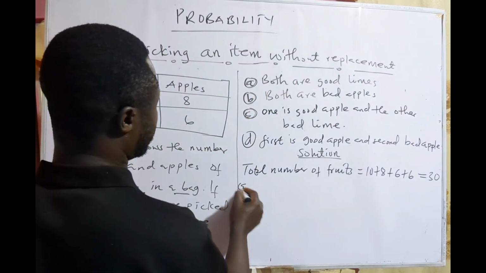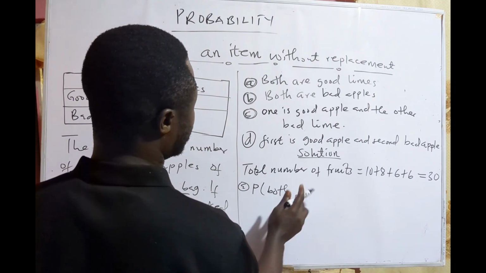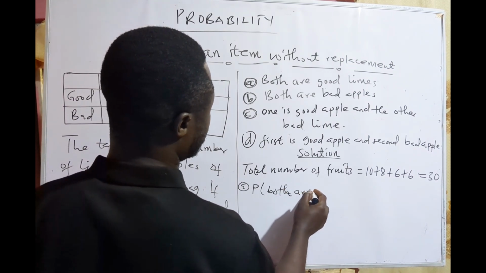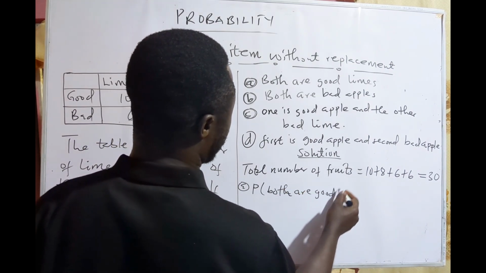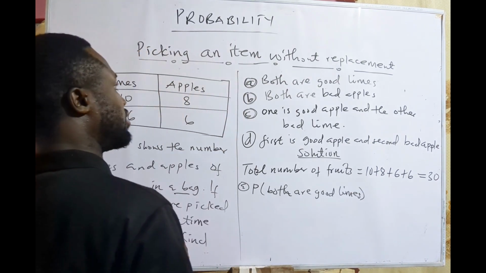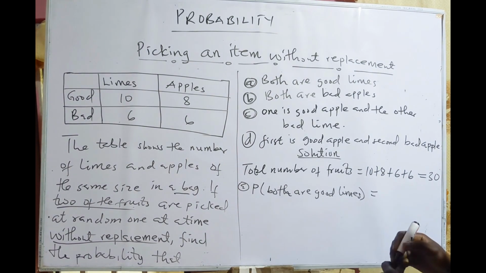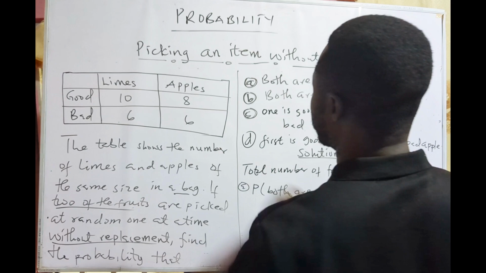So A, find the probability that both are good limes. Since we are picking 2, it means that the first is good and the second is good. How many good limes from the table? We have 10 good limes.